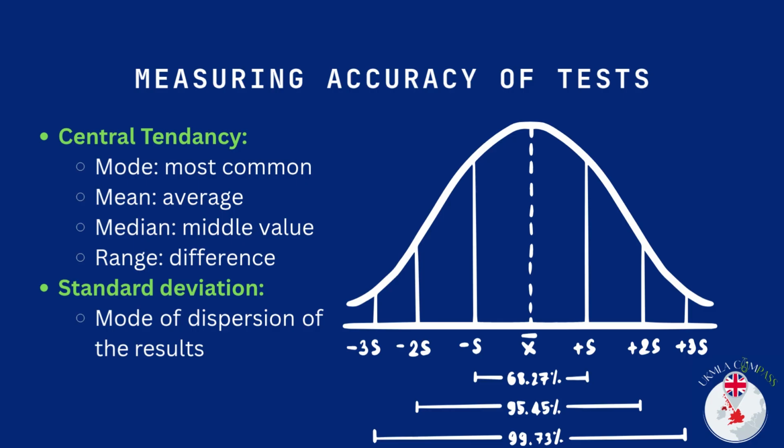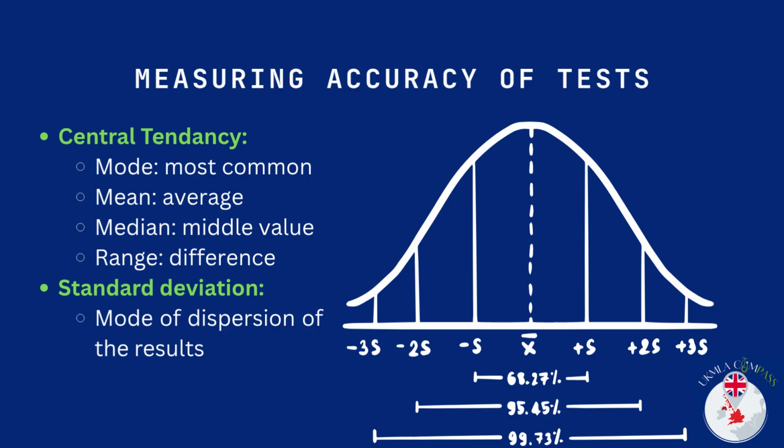Second, we have the standard deviation. The standard deviation is the measure of dispersion of the results. For example, we have been plotting the ranges of random blood sugar levels in pre-diabetic patients. So we started plotting them 100 to 200, 200 to 300, 300 to 400, 400 to 500. Each range of them is a standard deviation.